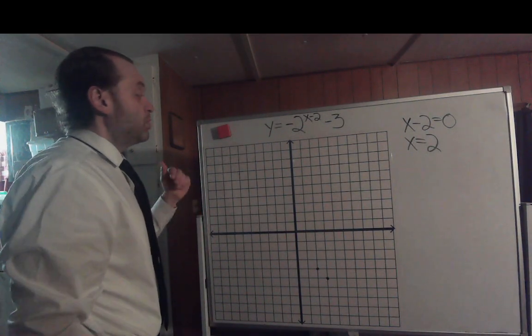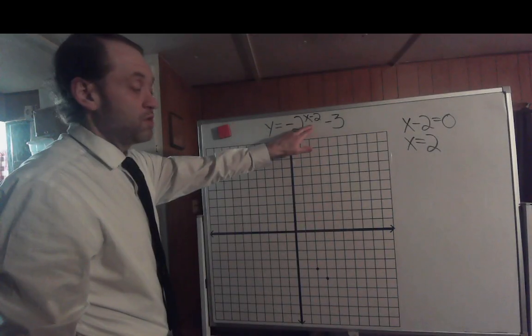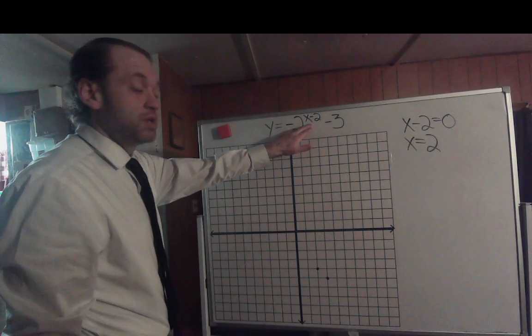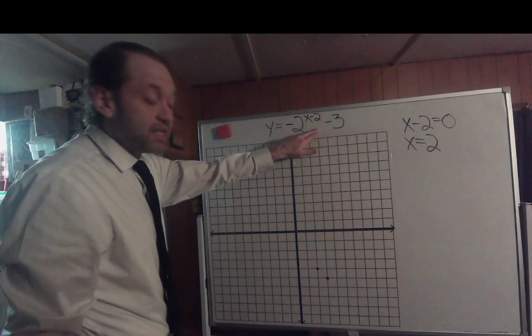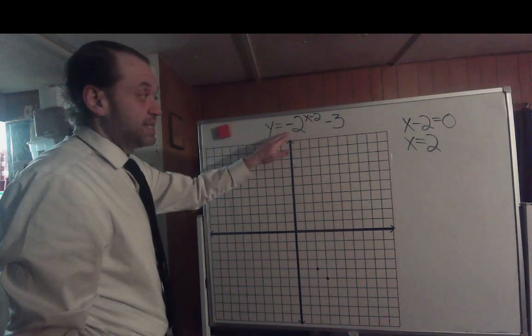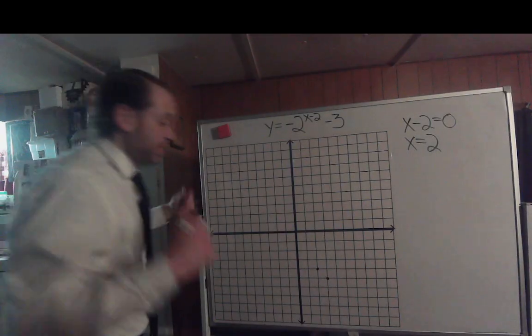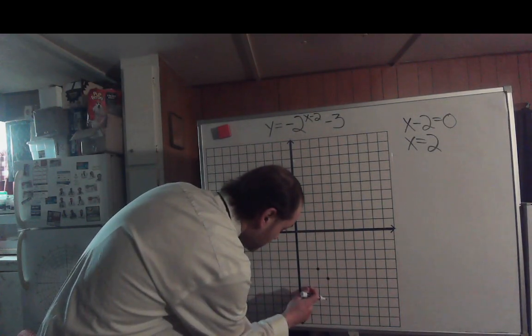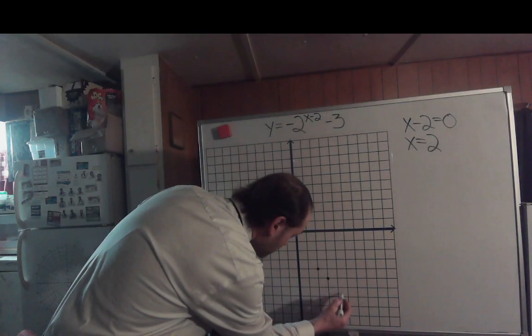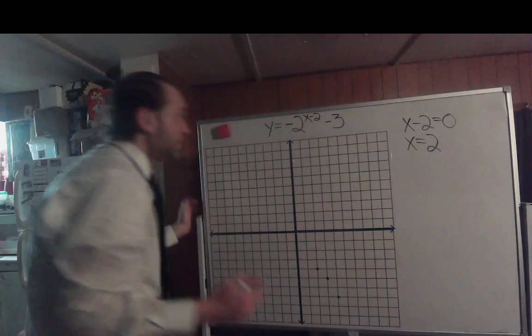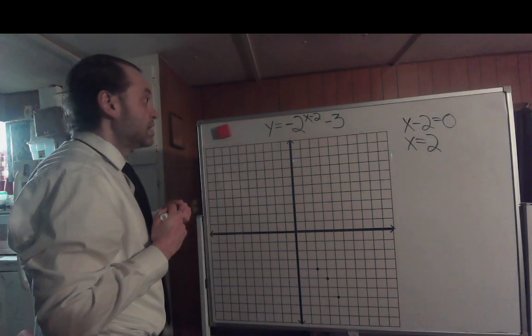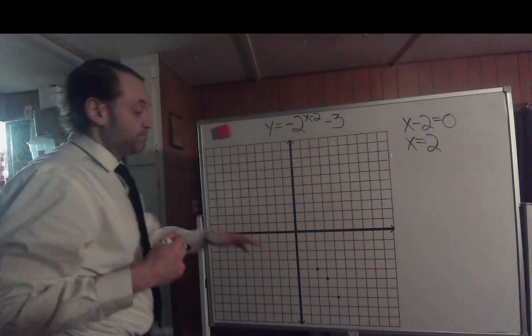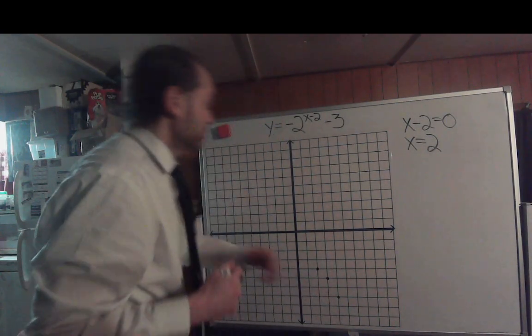Now what about when x is 4? So 4 minus 2 is 2. 2 to the second is 4. Negate that, you get negative 4 minus 3 is negative 7. And then you see it would just keep getting smaller and smaller.